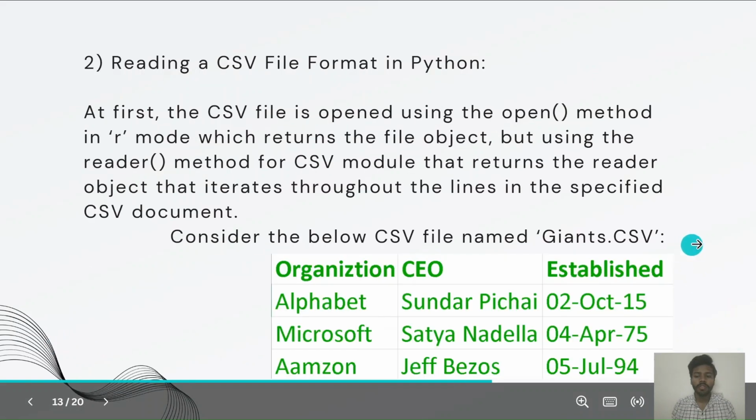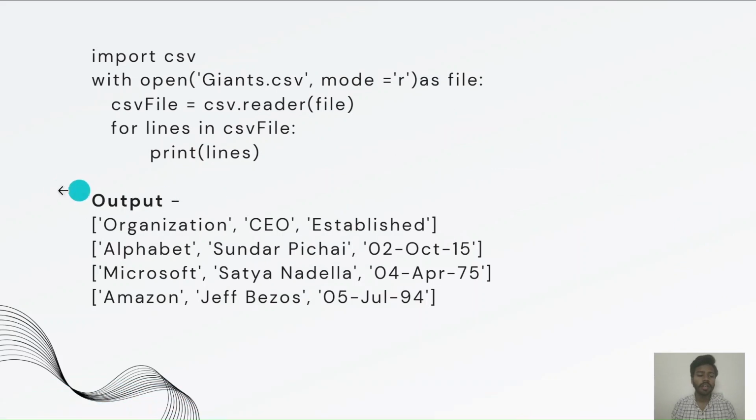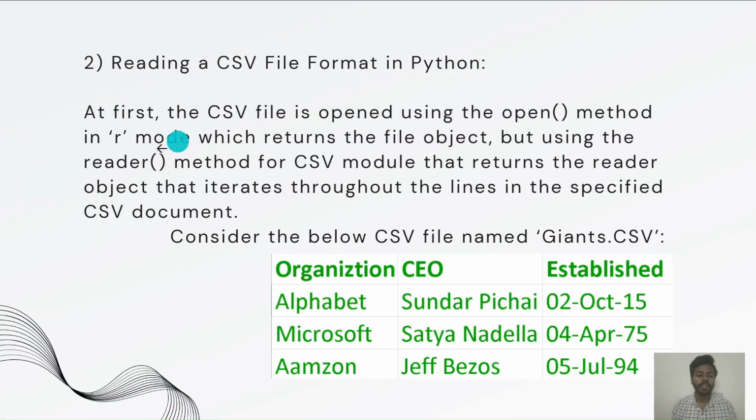Now, if the file format is CSV, how do we read it? At first, the CSV file is opened using the open function in r mode, which returns the file object. Then using the reader method of the csv module, it returns a reader object that iterates through the lines in the specific CSV document.